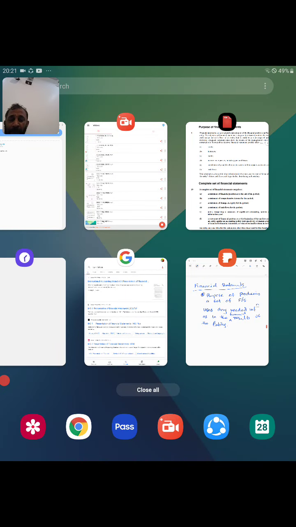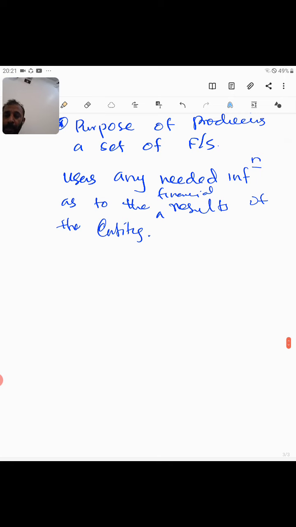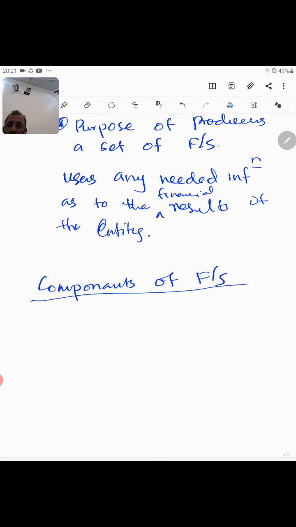And we will then find out the components of financial statements. The first component is the statement of financial position.